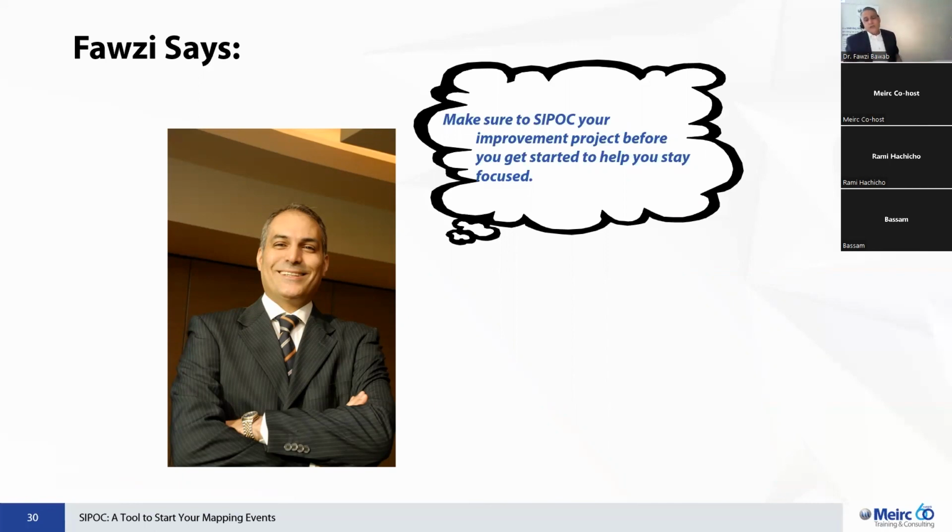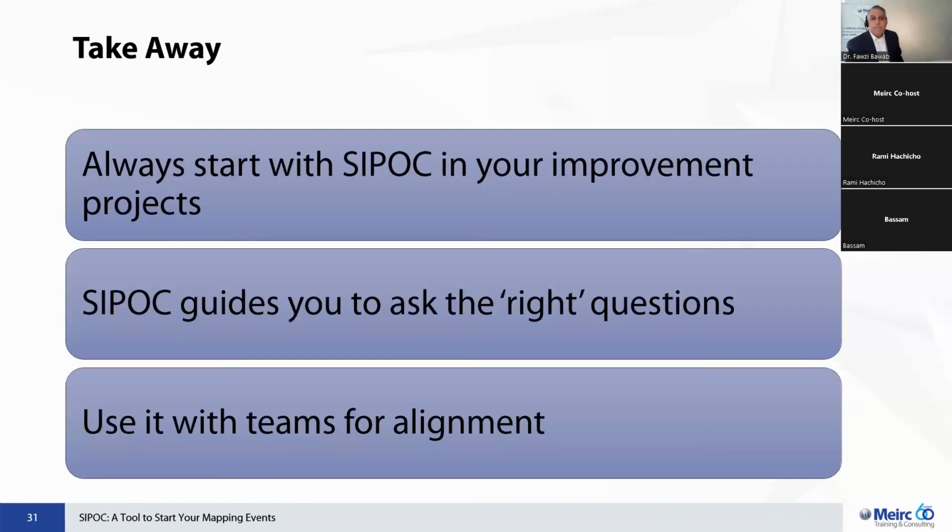So having the SIPOC or enhanced SIPOC or the turtle within your discussion is really useful just to keep you focused so you wouldn't go off tangent in such projects. So always start with SIPOC in your improvement projects. Try to define the scope. It will guide you to ask the right questions. And of course, the answers will help you then make decisions.